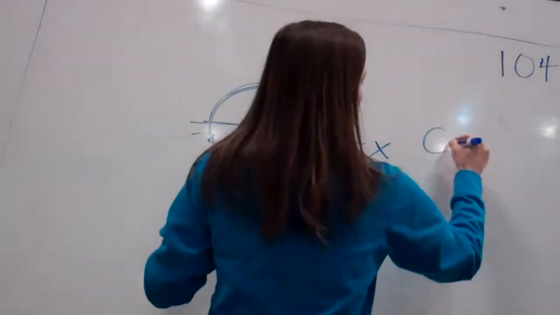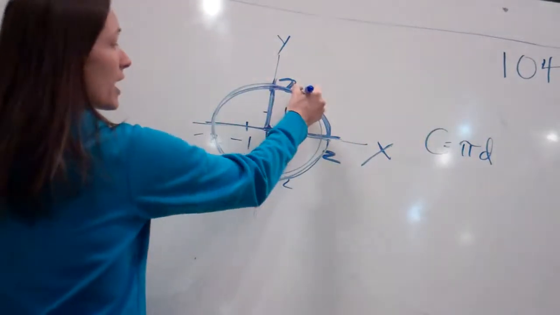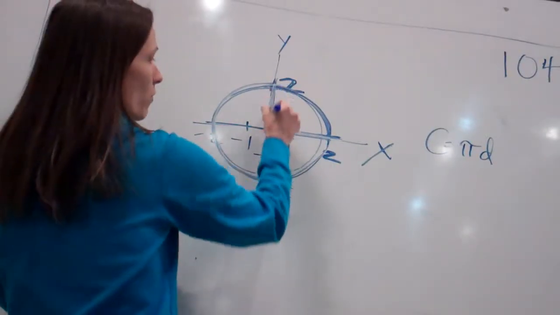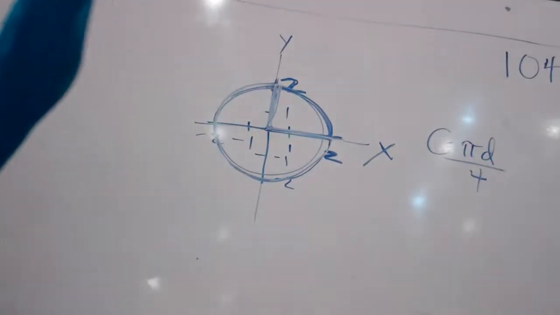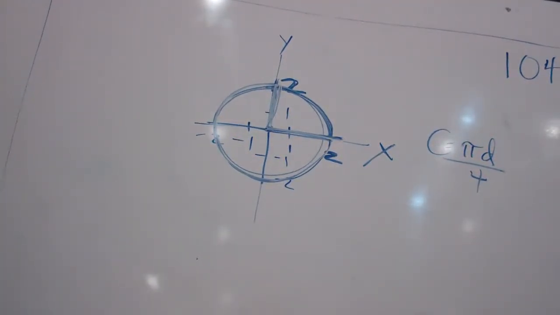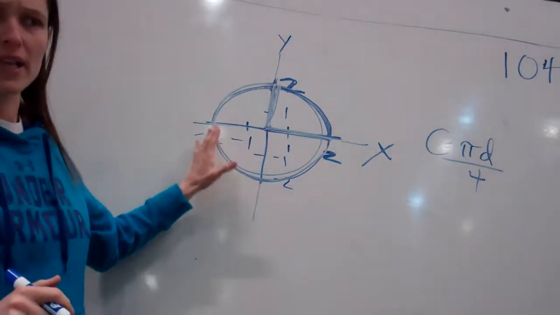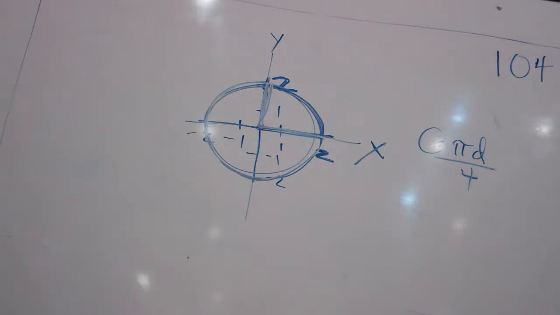So you would find the circumference, pi times d, of this whole circle, and because we only want a fourth of it, we would divide it by 4. Does everybody understand? I'm not going to work it out.